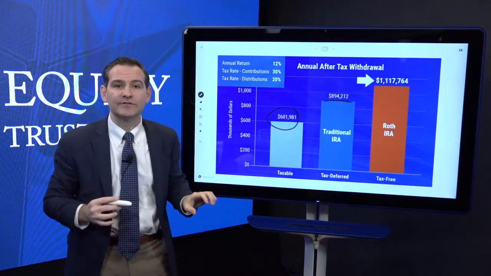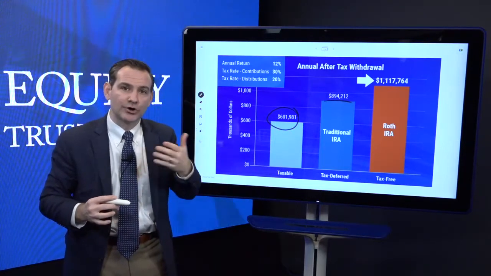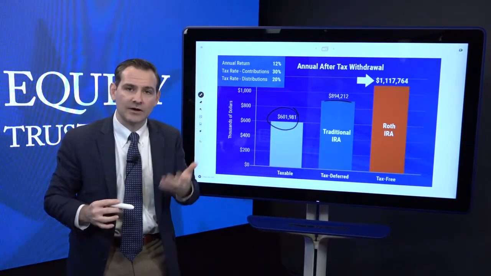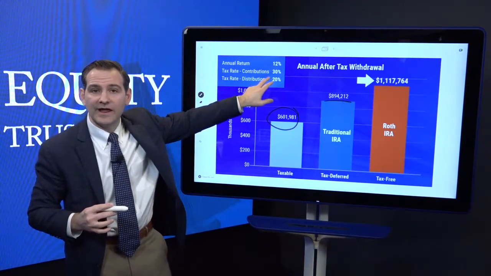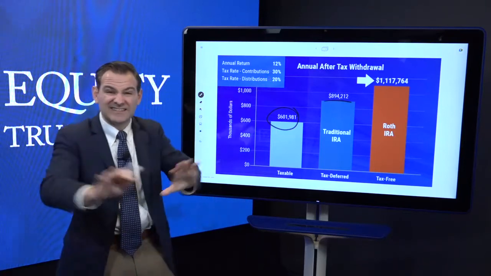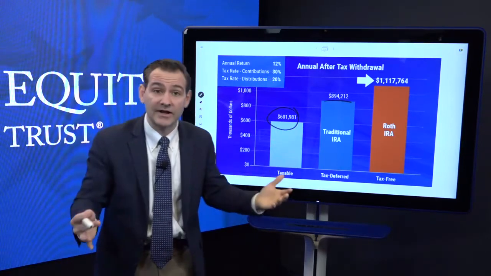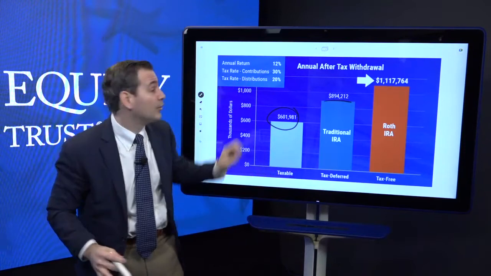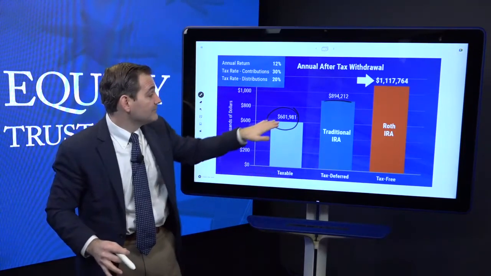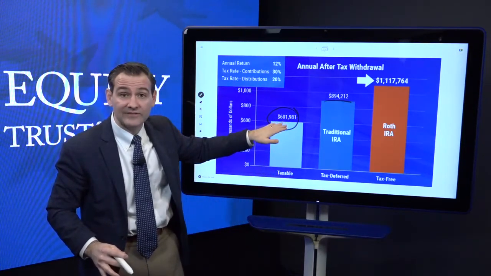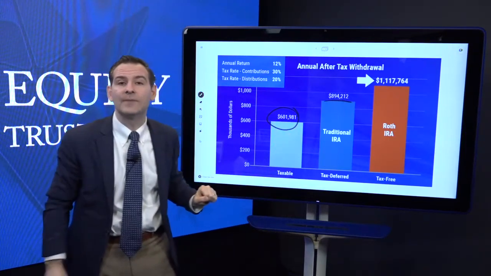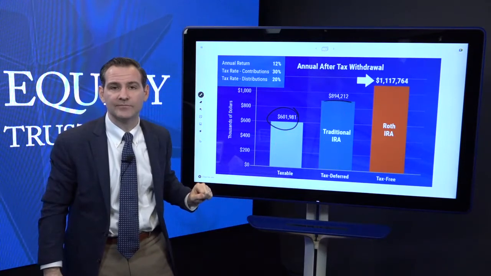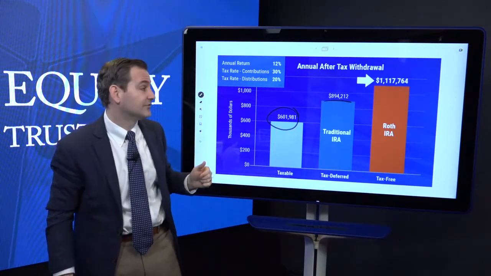Because in a taxable environment, as I generate income from my investments every year, I'm applying in this hypothetical scenario a 30% tax rate. Now, that's not to say that's the same tax rate for everybody, but using this example, plugging in 30%, I have $601,000 saved in my taxable environment versus $894,000 in my traditional IRA environment. So again, I saved $300,000 in taxes.